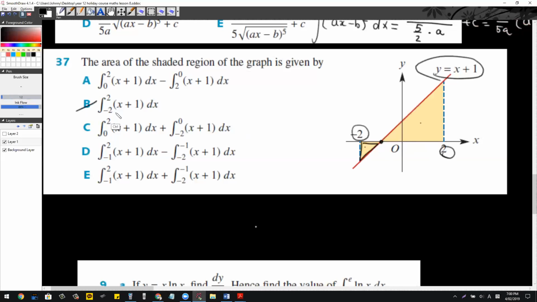So let's analyze each one of these. So this is integration from 0 to 2, from here to 2. And this is from 2 to 0, but then negative of that. So let's analyze what this is all about. So that's going to give us this area, which is that bit there, right?